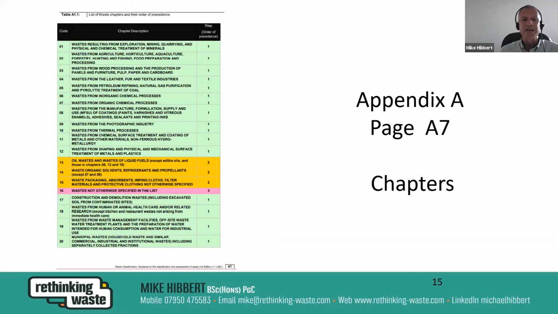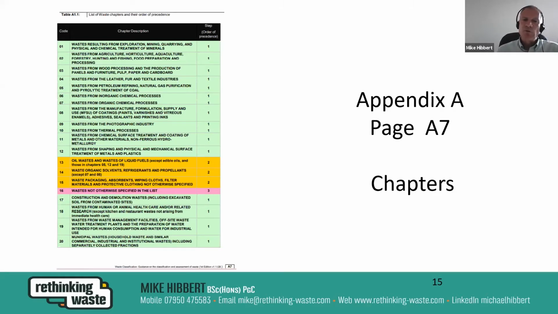Chapter 20 is municipal and municipal-like wastes. So the way to think about this is what you might put in your bin at home, but those materials are similarly generated at commercial and industrial premises, whether that's canteens, shopping centres, prisons, campsites, a whole host of locations.